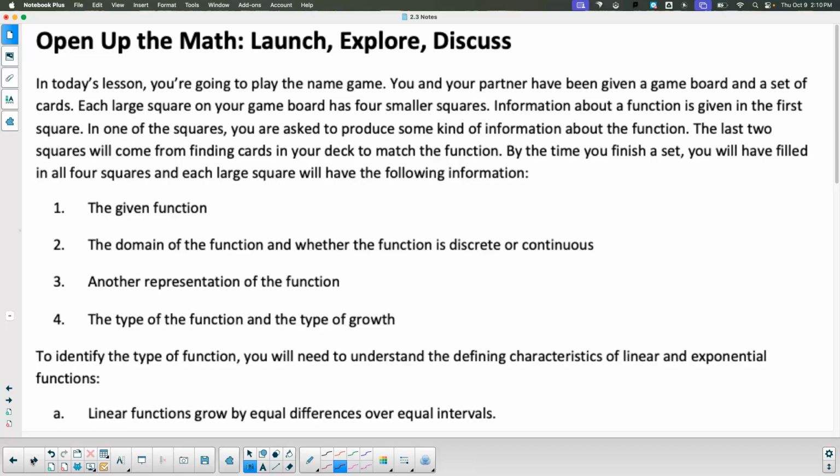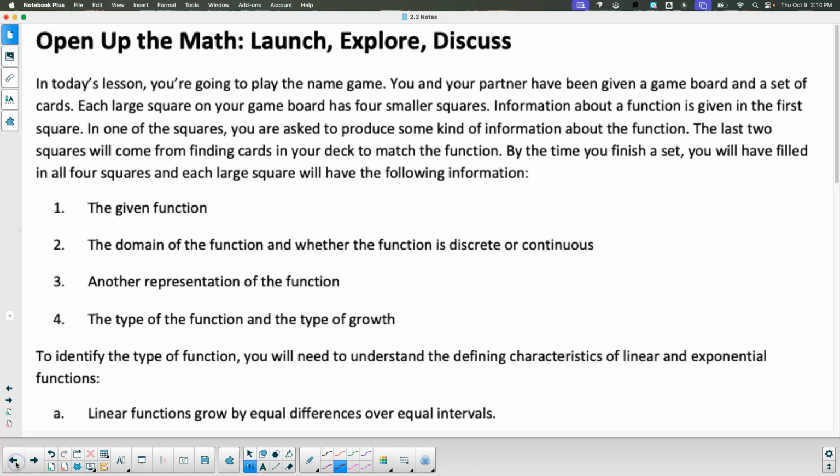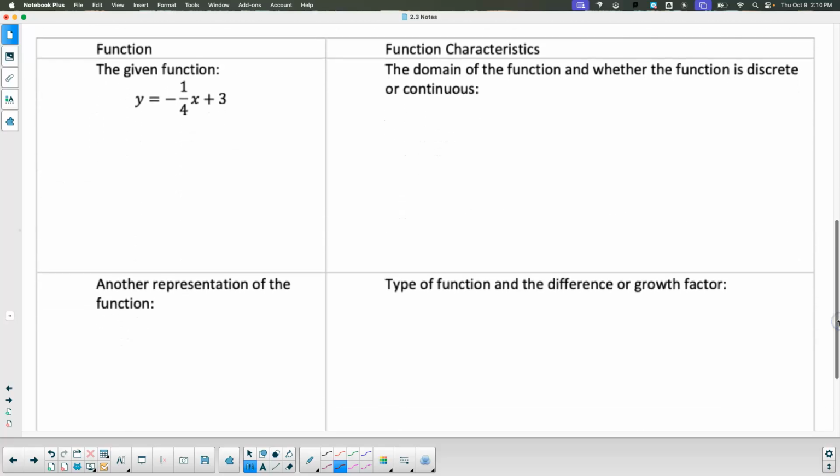Now, what you're going to be doing today is you and your table mates are going to be filling in these three boxes, this box, and this box, with the cards that you have out in front of you right now.